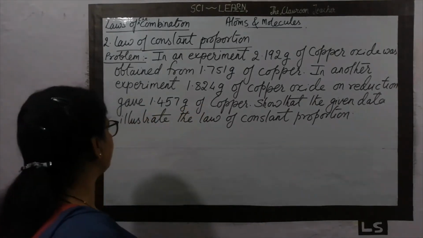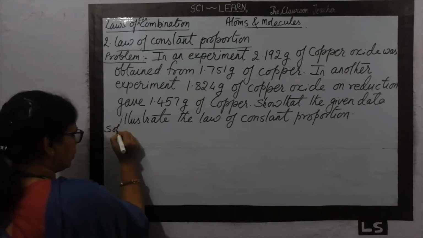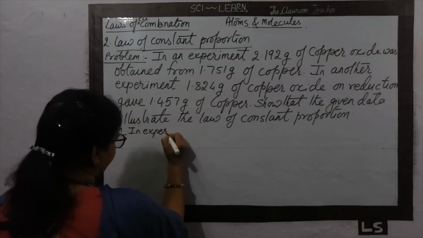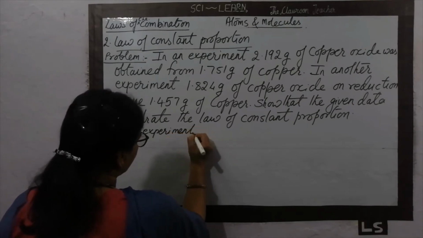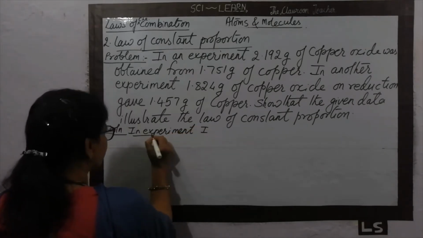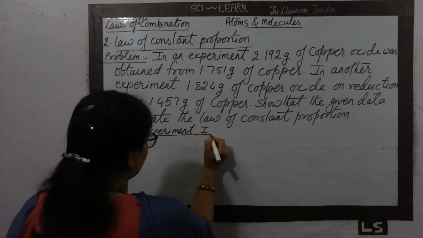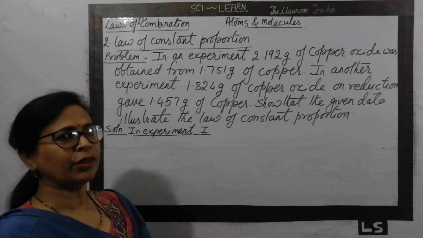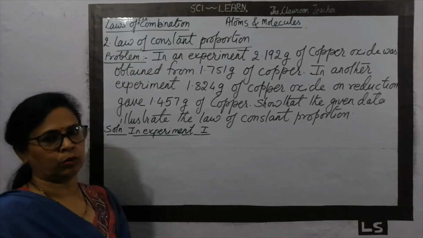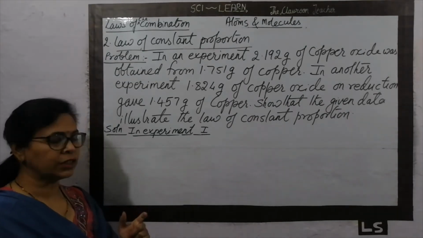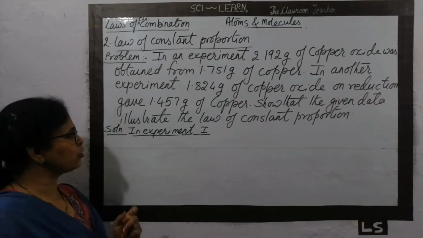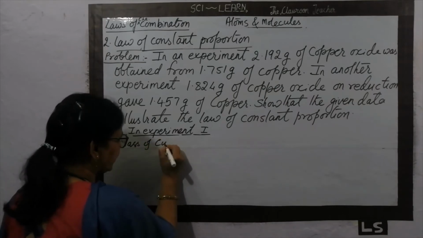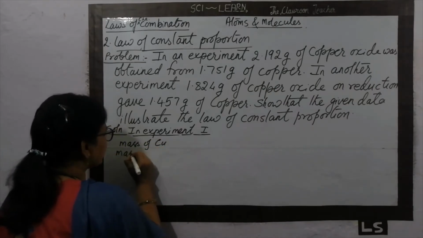Solution, experiment 1. Students must remember each and every question has a pattern to solve it. Do not take a zigzag method or direct method. You have to give the proper steps to solve any question. In the first experiment, the mass of copper is given, and the mass of copper oxide is also given.